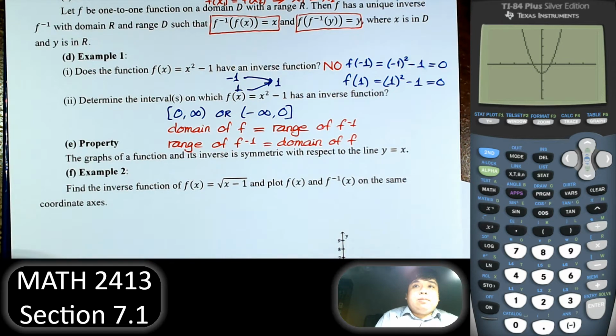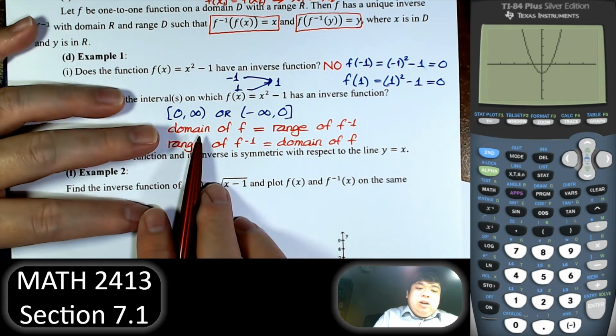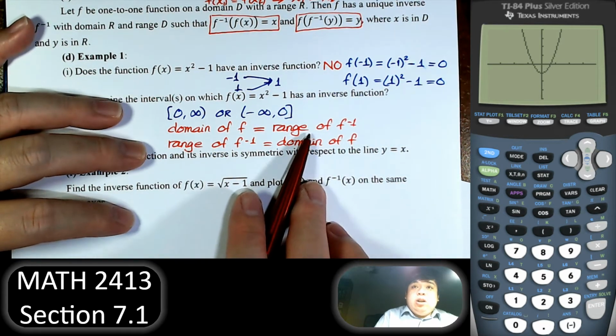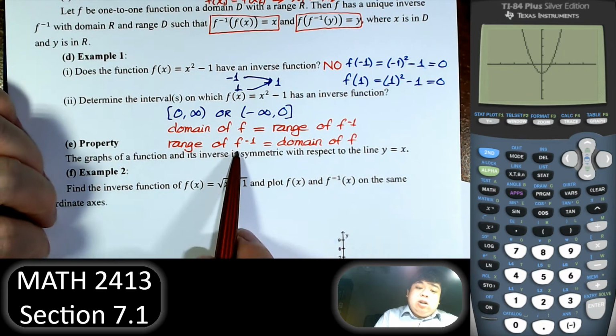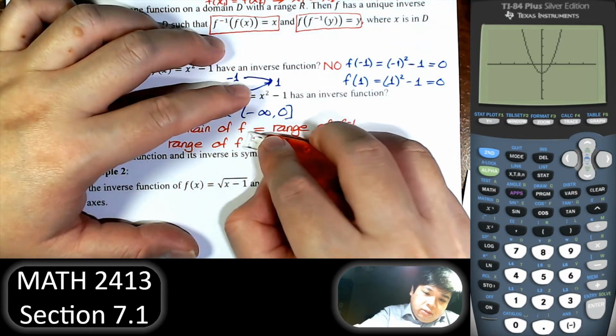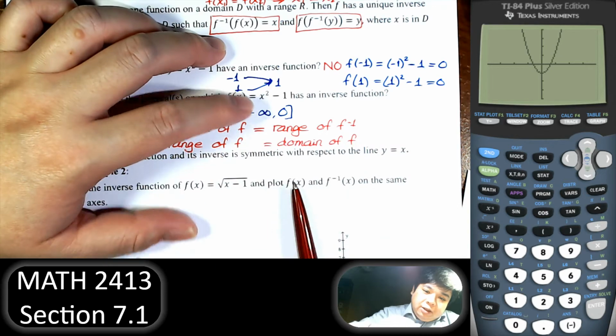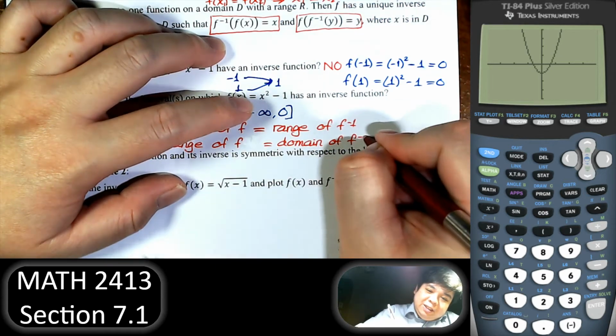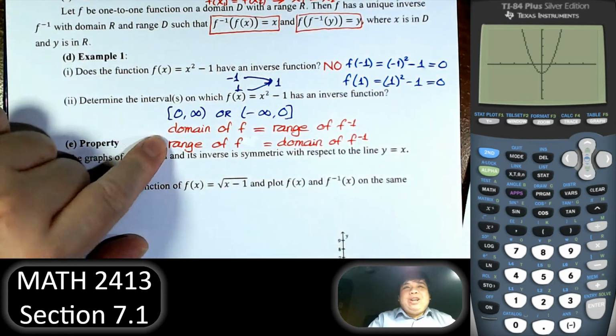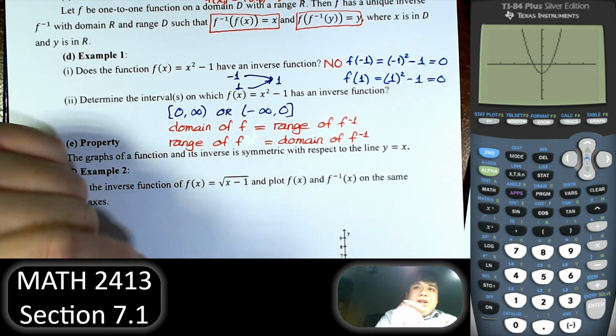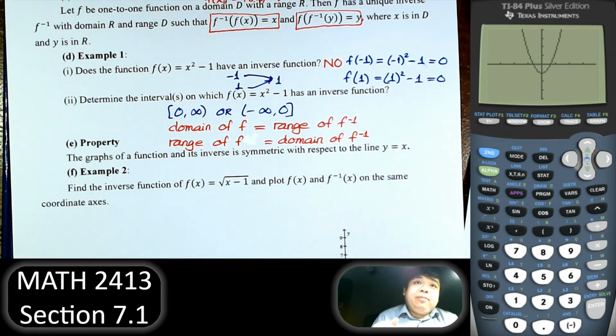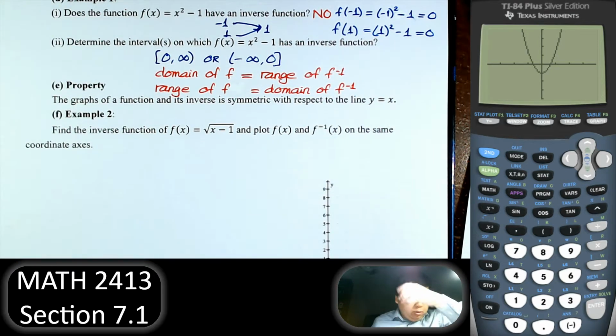Of course, the domain for the function is x. The range of the function should be like this. The range of the function is y. So we need to do it here, just switch the x and y. Right.